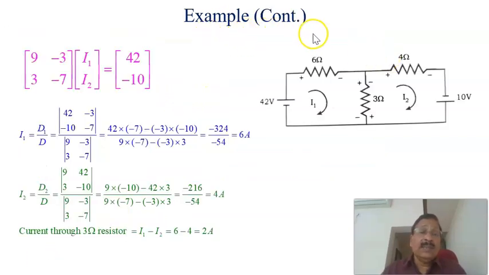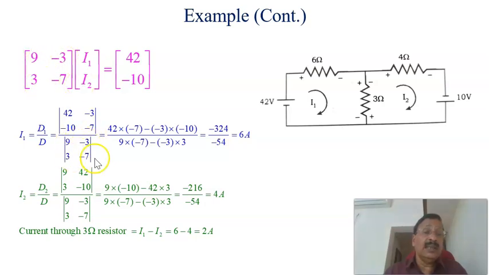Now continuing the same example, this is the coefficient matrix into the column matrix of mesh currents I1, I2, and this is 42, minus 10, the voltages. We have to find the mesh current I1 and the mesh current I2. Using Cramer's rule, I1 equals the determinant D1 by D, where D is the determinant of the coefficient matrix 9 minus 3, 3 minus 7.